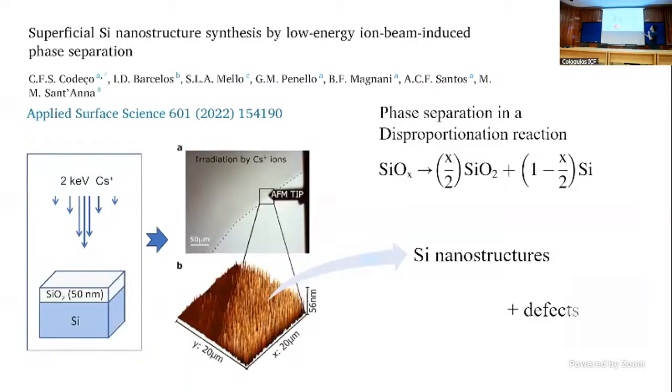And then this thing is transformed into these two. This is pure silicon. You started with this thing, and you now have nanostructures of silicon, pure silicon, with defects, but silicon. And you go back here to 2. So what we see here is this kind of stuff, but full of defects. So I'll show you.